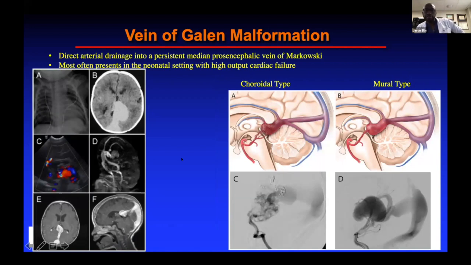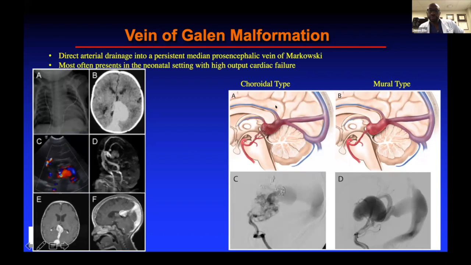Vein of Galen malformations are an interesting one. These you often see in little babies, and they're often symptomatic with high output cardiac failure, because so much of their cardiac output is being shunted into this dilated pocket, a dilated vein of Galen.